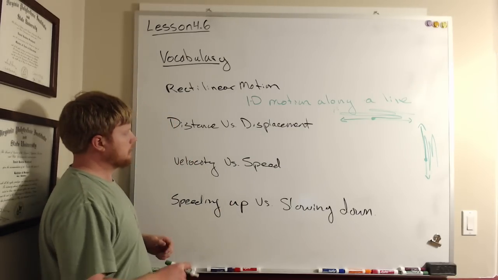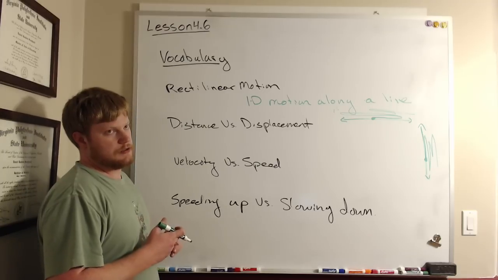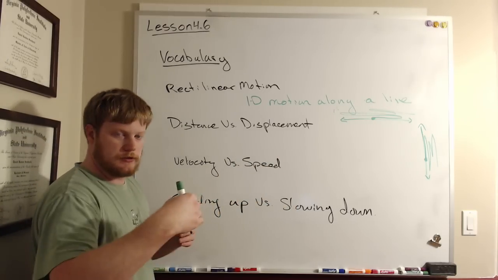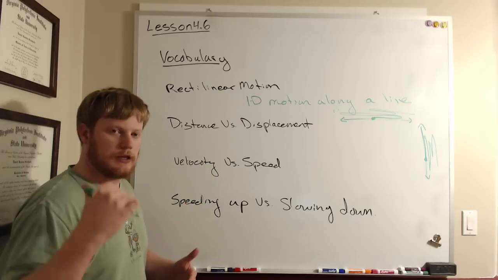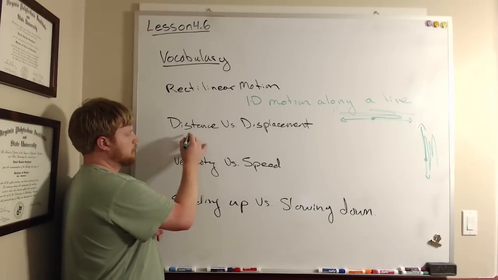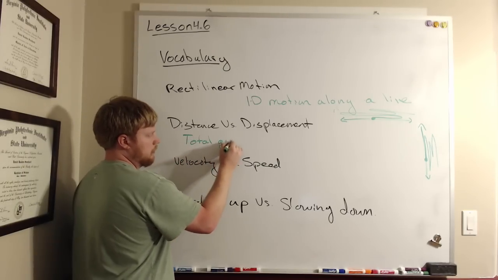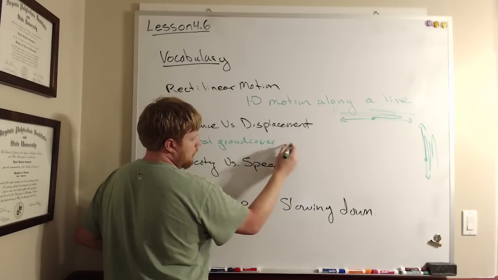Distance versus displacement. Distance is adding up all the increments of motion, neglecting moving in the opposite direction. So this would be like the total ground covered.